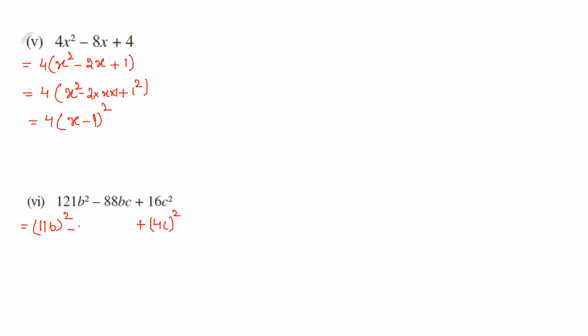And this will be minus 2 into 11b into 4c. So let's check it quickly. 2 into 11 is 22. 22 into 4 will give me 88. And b into c will be bc. So this I can write it as 11b minus 4c whole square. Again I have used here a minus b whole square identity.